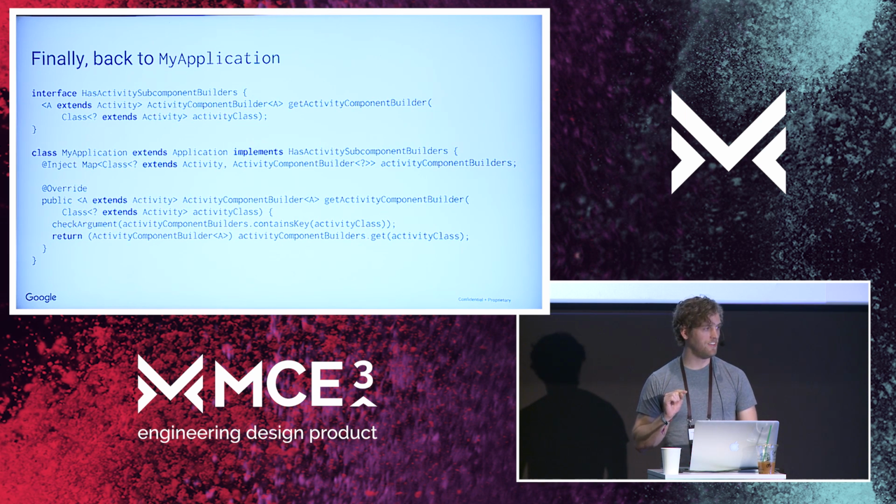And finally, the thing that really differentiates, and the thing we hold most near and dear to our hearts as authors of Dagger 2, is there is absolutely no reflection in order to get this done. We use class literals as keys, but class literals are immediately available and cheap to get a reference to. And it looks kind of like reflection. We get some dynamism in the way that we might want in order to compose our application, but we do it without ever invoking class.newInstance or anything like that.